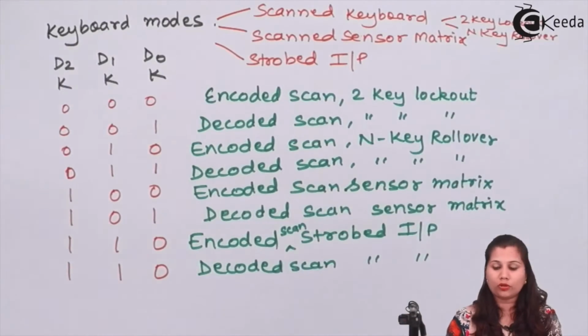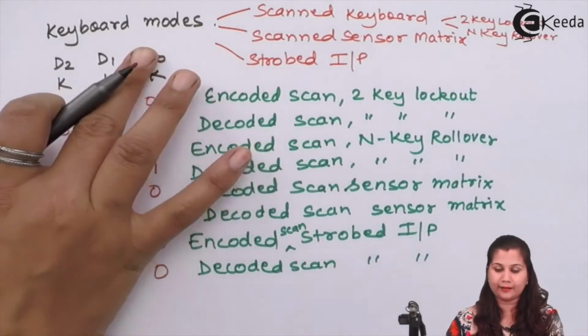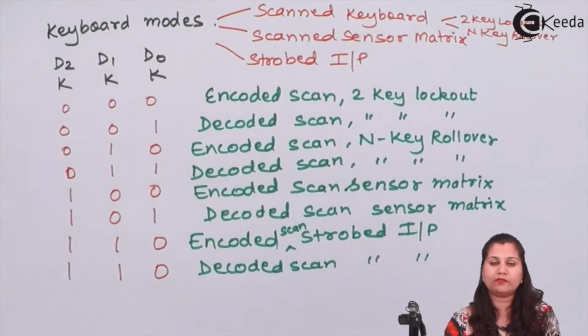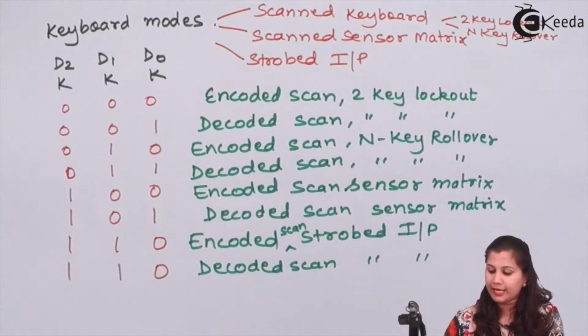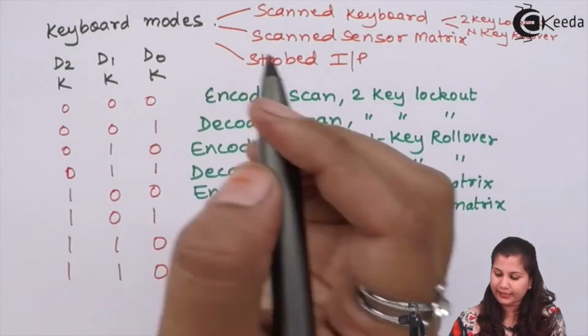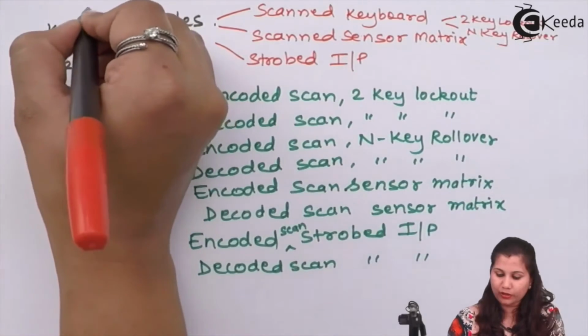Now every mode in the keyboard mode will have 2 types. One is the encoded scan and second is the decoded scan. In the encoded scan, we have the size of the matrix of this keyboard as 8 cross 8.